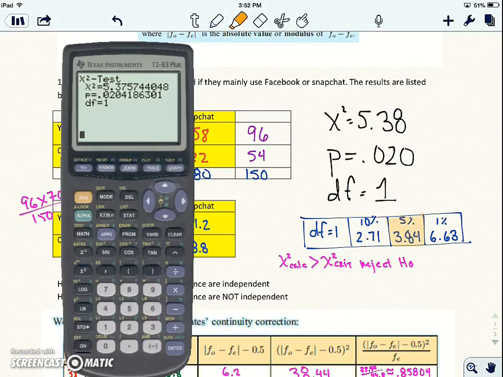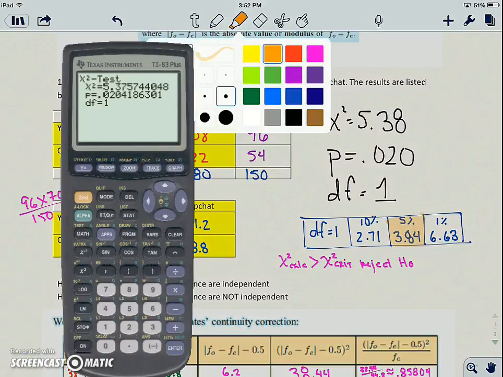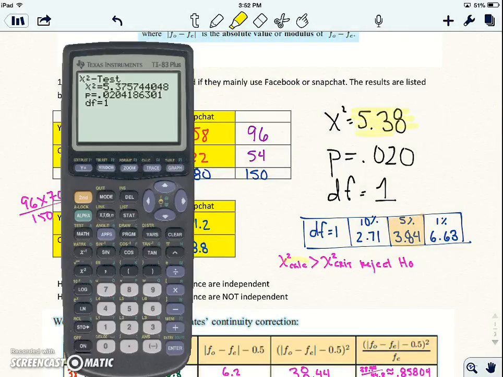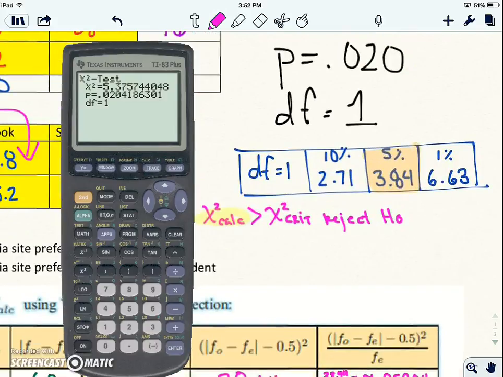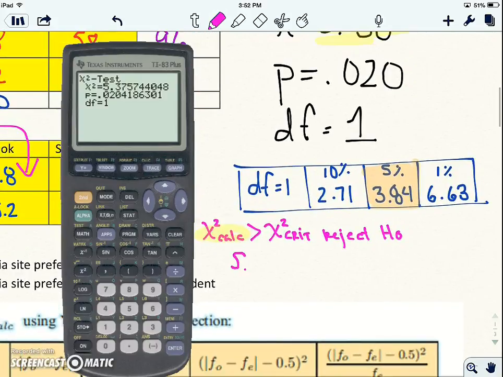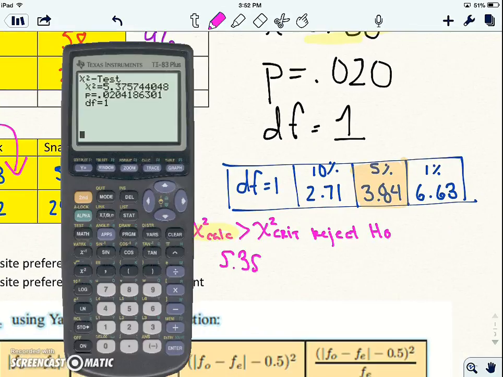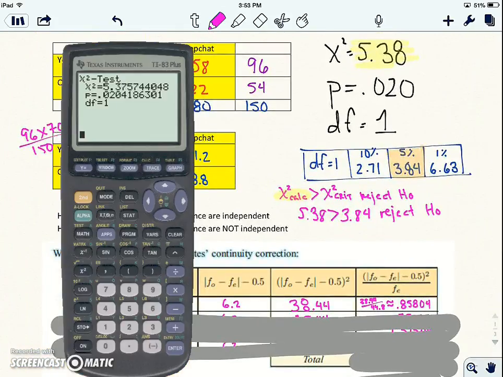Okay, so remember, if our chi-squared calculate value, which we got at 5.38, is bigger than our critical value, which was the 3.84, so in our case, it is true, 5.38 is bigger than our critical value, I'm going to reject the null hypothesis. Okay, the age and social media site preference are independent, which means more likely your age has something to do with which one you prefer, which we all know younger people tend to use Snapchat more than Facebook.